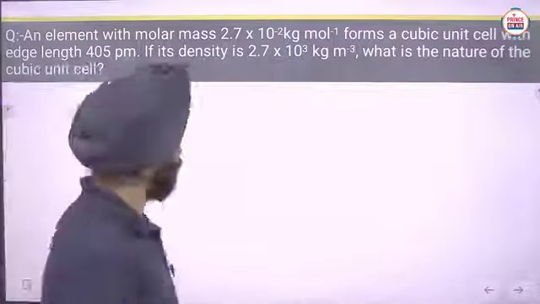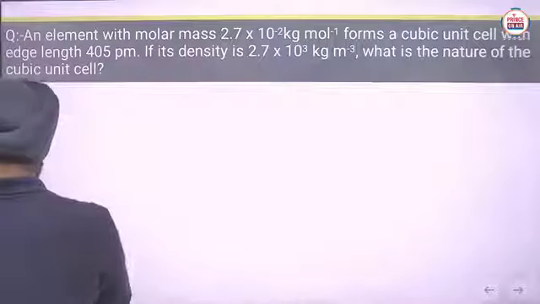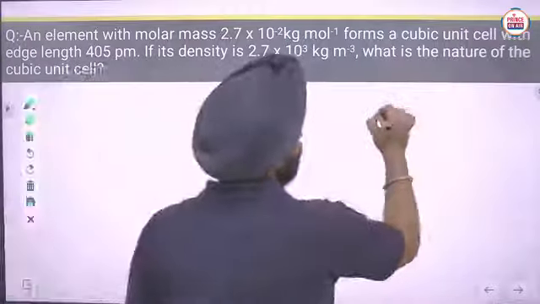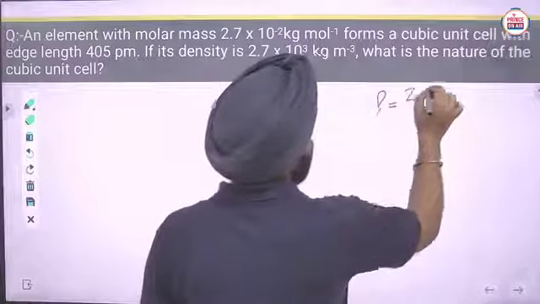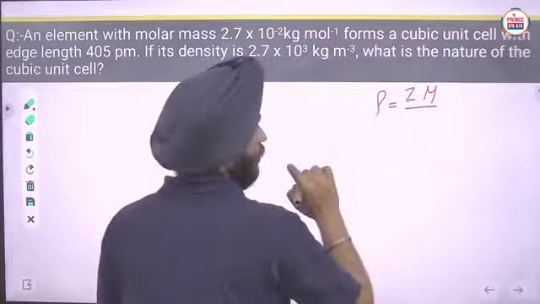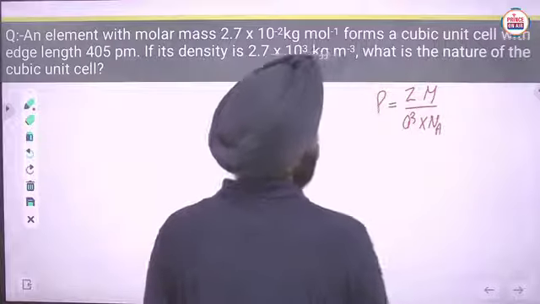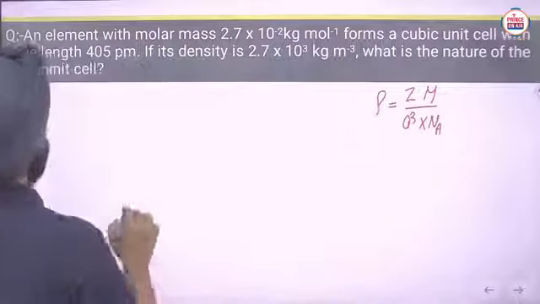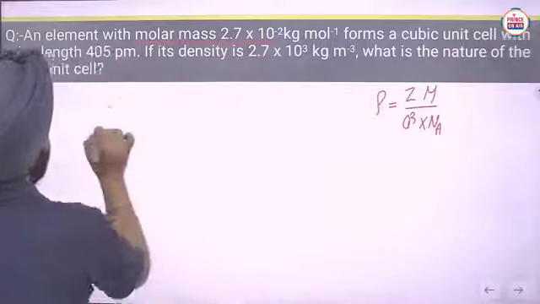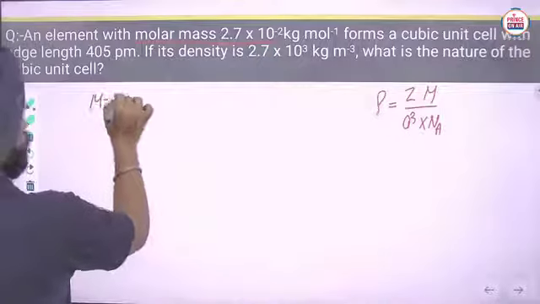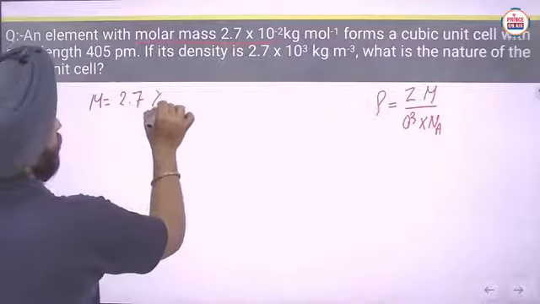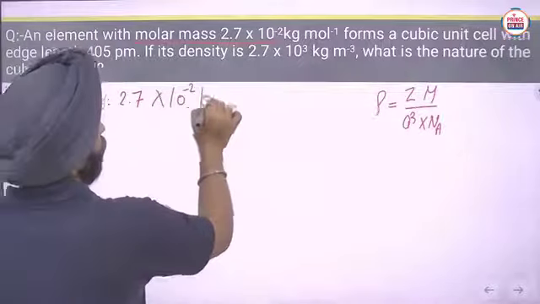Okay, so firstly once again you have to write the formula here. Density is equal to Z M upon a cube Na. What they have given to you: molar mass M is equal to 2.7 into 10 raised to the power minus 2 kilogram per mole.